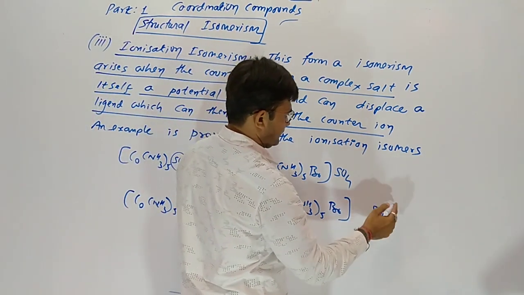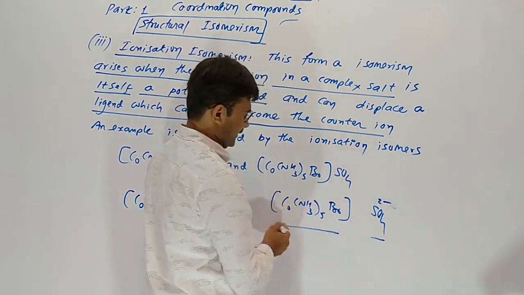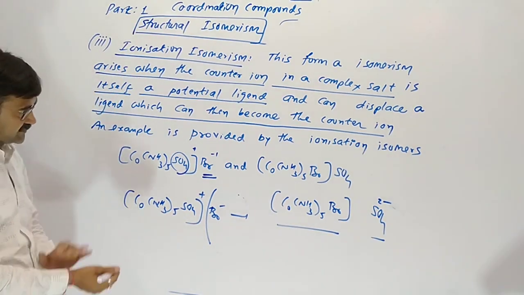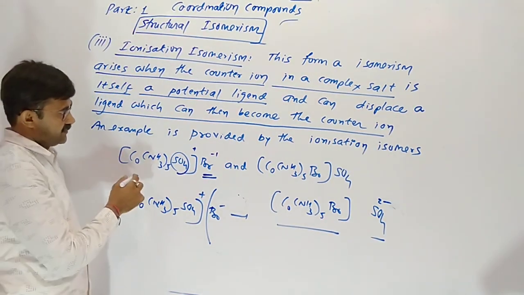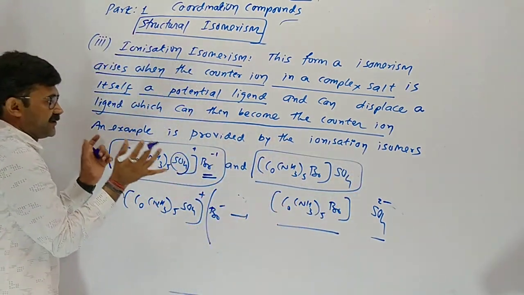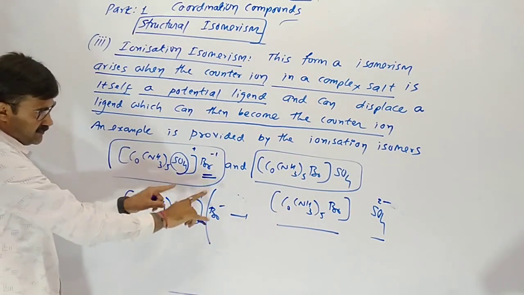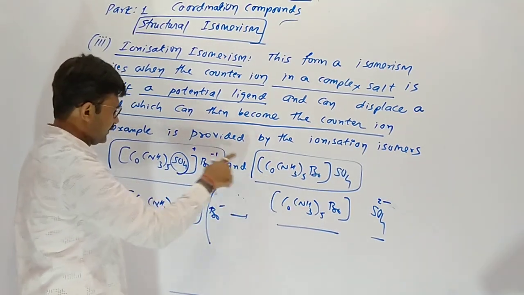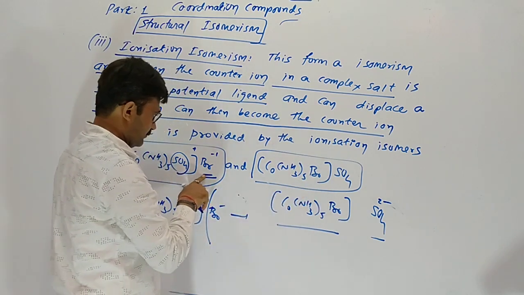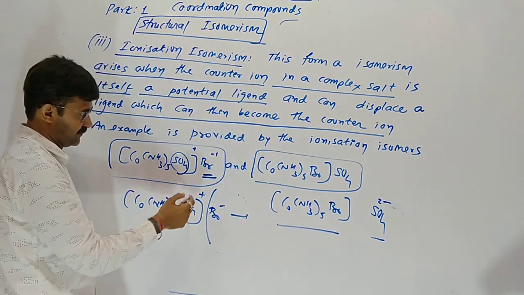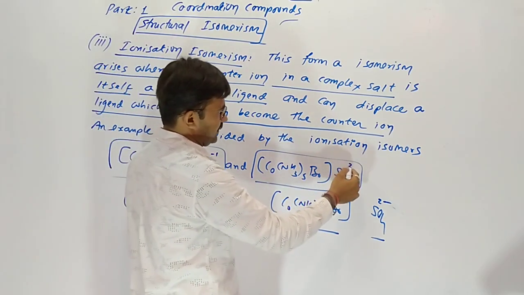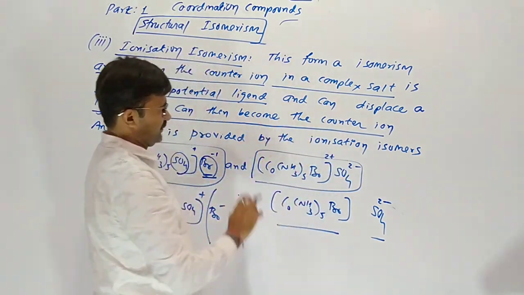Understood? Both give different ions on ionization, so the name is given. So what happens actually? The molecular formula and constituent particles are the same in both. You can see cobalt, 5 amine, sulfate, bromide. The change is only one: here the counter ion is bromide and here the counter ion is sulfate.